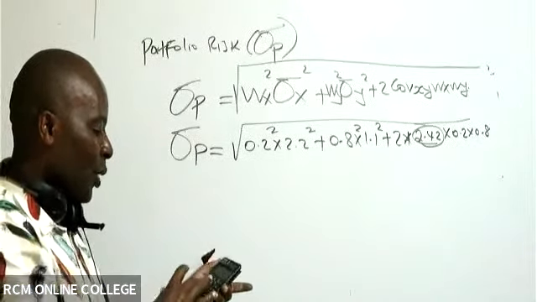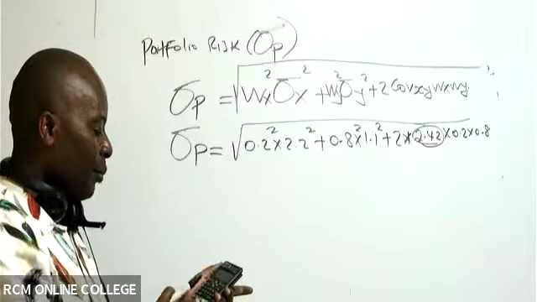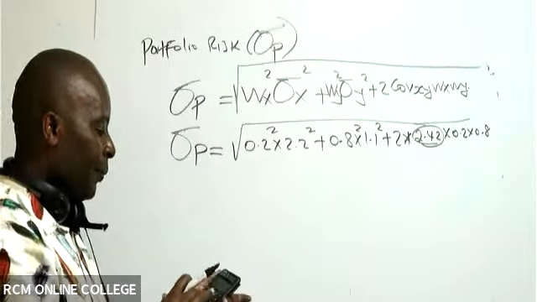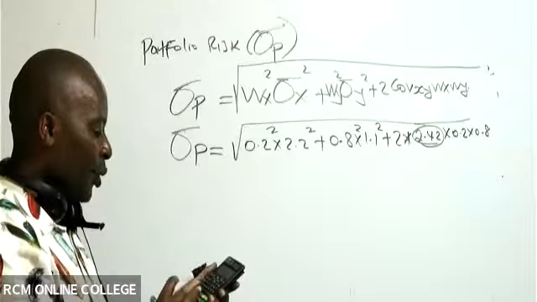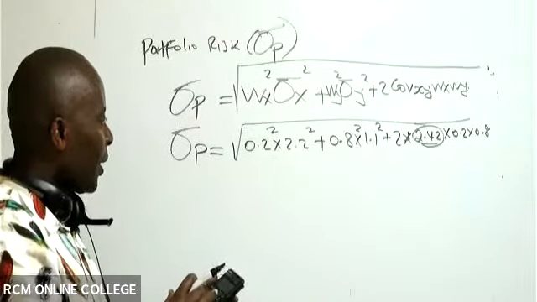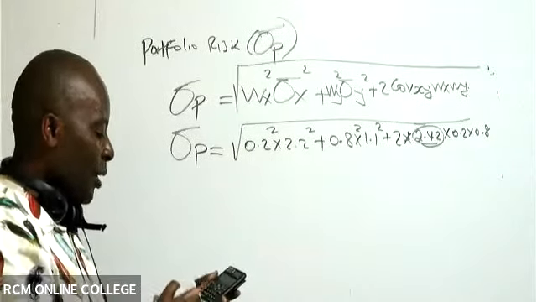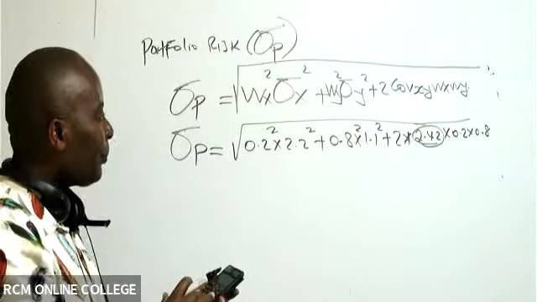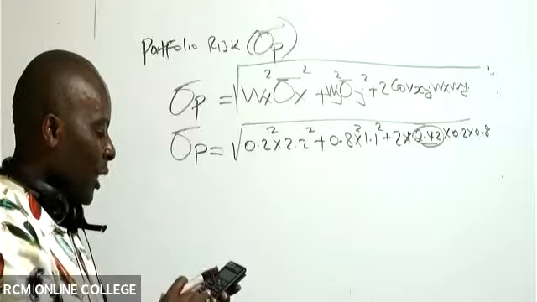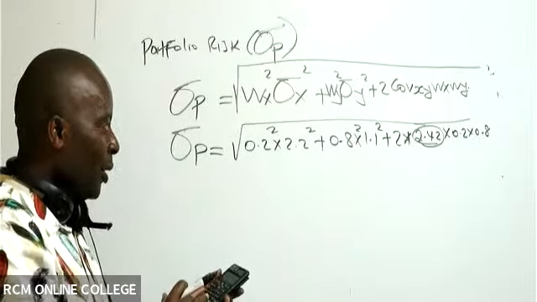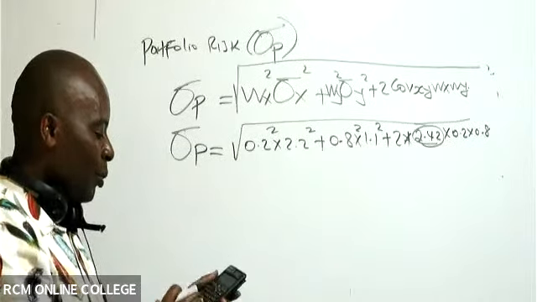You say 0.2 squared times 2.2 squared, plus 0.8 squared times 1.1 squared, plus 2 times 2.42 times 0.2 times 0.8.